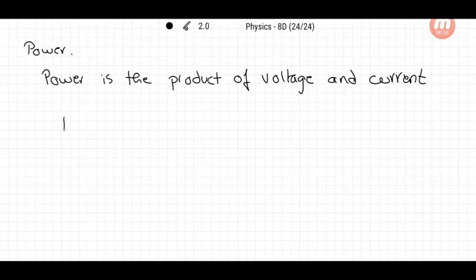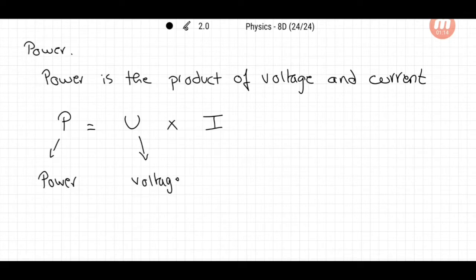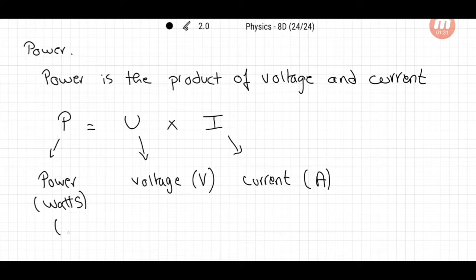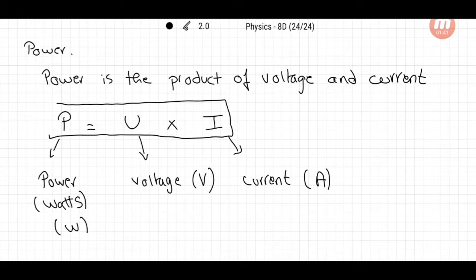So the power, denoted by P, is equal to the voltage U times I. So we have a new formula which says P equals U times I. The unit of the current is amperes, A, and the unit of voltage is volts, V, and the unit of power is watts, written as capital W. So I measure power in watts.